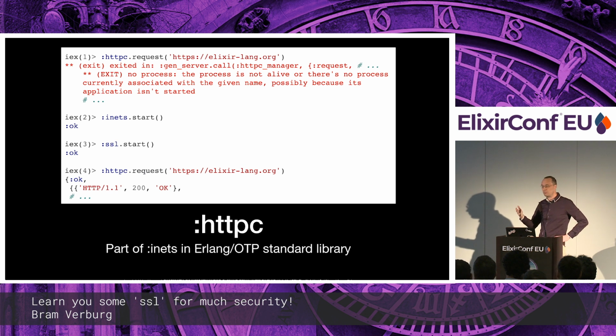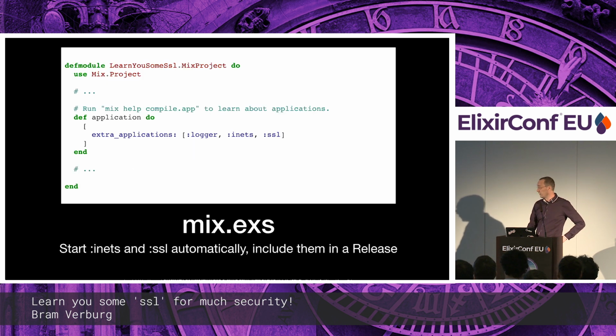And then we can make a call to an HTTPS URL. Now, in a project, you would normally put this in your mix file. This ensures both that the applications will be started as part of your application, but also that they will be included in a release. Again, otherwise you will get those weird error messages when you try to start your release.